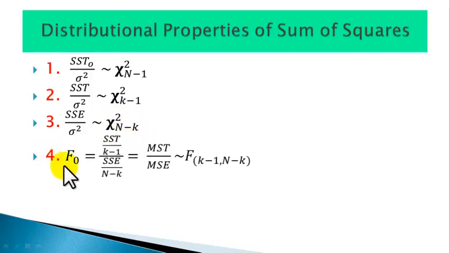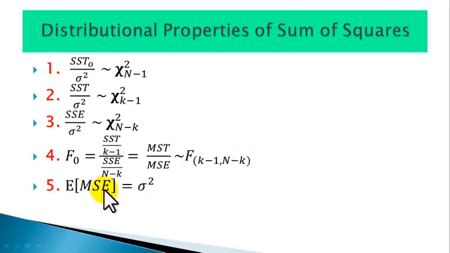4. F naught, equal to the sum of squares of treatment divided by k minus 1, all over the sum of squares of error divided by N minus k, which is equal to the mean square for treatment all over the mean square for error, has approximately an F distribution with k minus 1 numerator degrees of freedom and N minus k denominator degrees of freedom. 5.